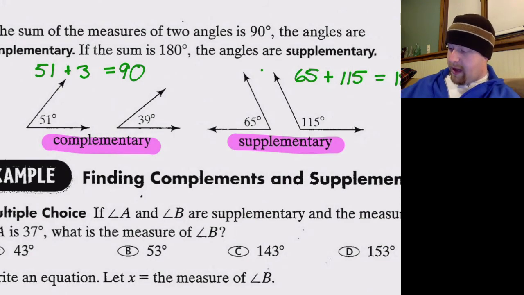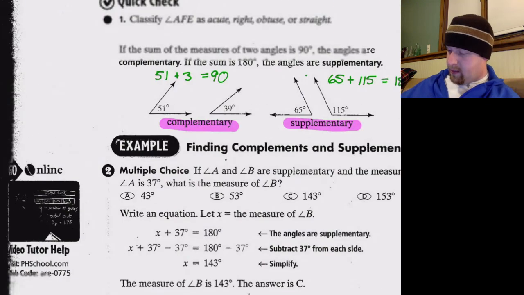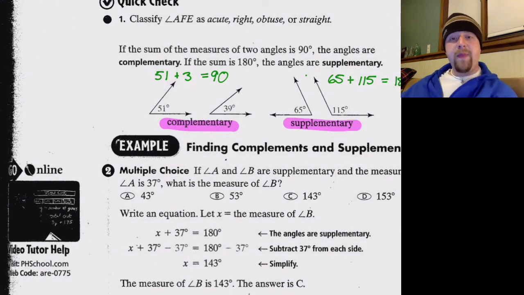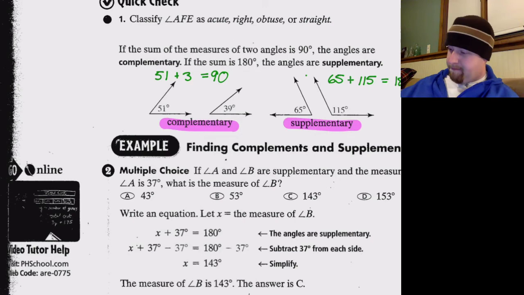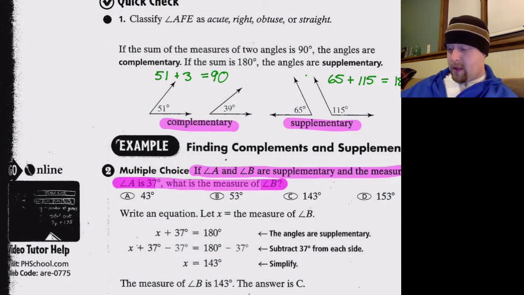So if we look at the example they give us right here, this multiple choice problem, it reads: if angle A and angle B are supplementary and the measure of angle A is 37 degrees, what is the measure of angle B? Well, to solve this is pretty straightforward.